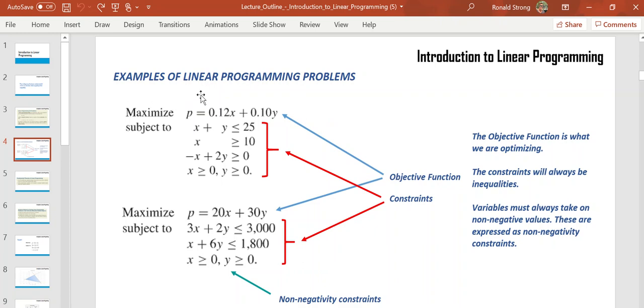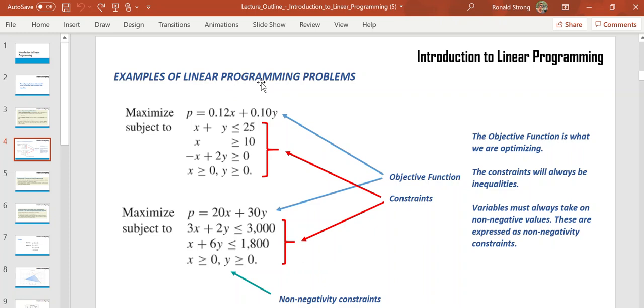We want to find the maximum value of P. Now, I always think of P as standing for profit. We don't know that it necessarily stands for profit, but I like to think of it as profit because profit is something we want to maximize. So that kind of helps to remember what P is. We want to maximize profit, and the equation for that is 0.12x plus 0.10y.